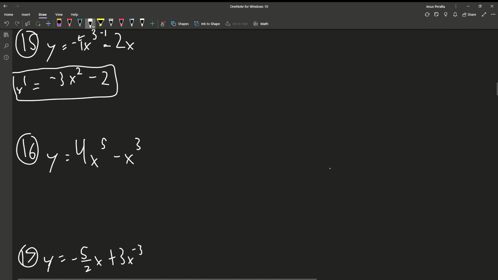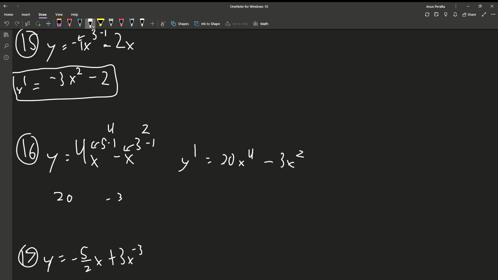Let's see what else. This will be 20. This is going to be negative 3. So y prime, and then subtract 1, that's going to be 4, that's going to be 2. So then 20x to the power of 4 minus 3x to the power of 2. It's that simple.